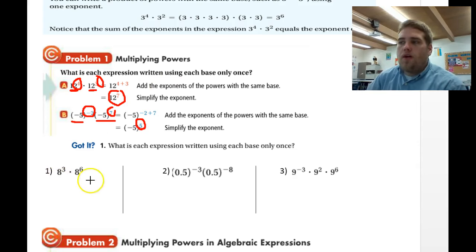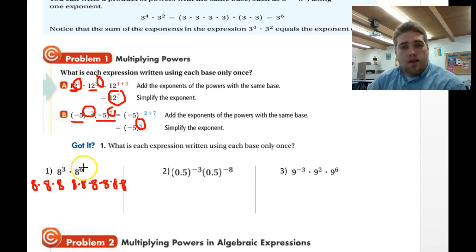So the long way of writing this one out is, if you actually look at it, well, 8 cubed, what that really means is 8 times 8 times 8, right? So that's 8 cubed times 8 times 8 times 8 times 8 times 8 times 8, okay? So this would be 8 cubed, the first 3, and the next 6 are 8 to the 6th, okay?